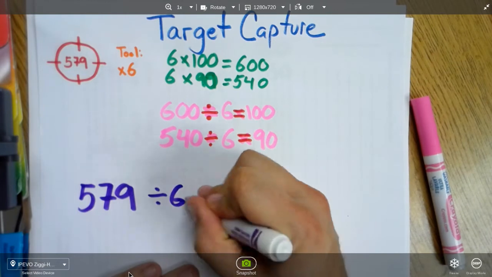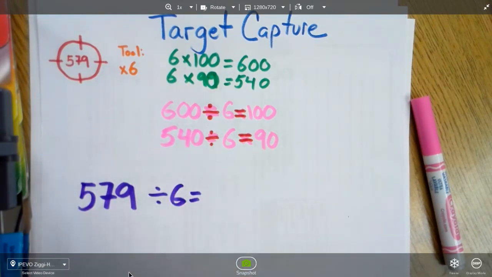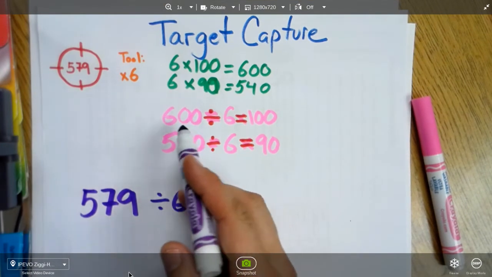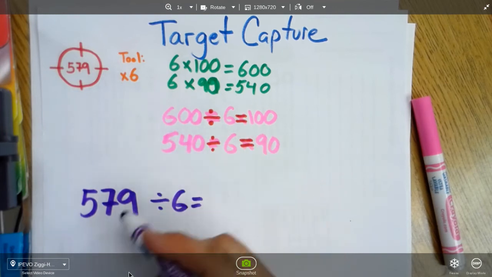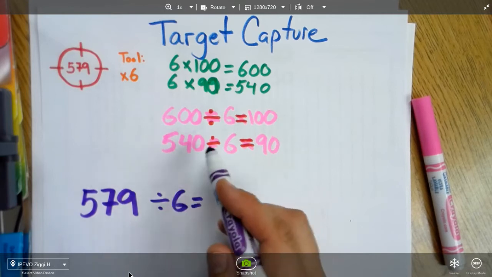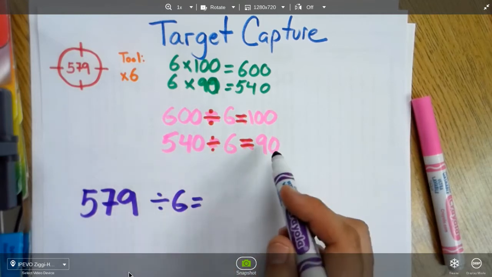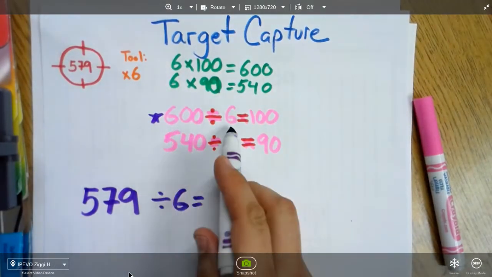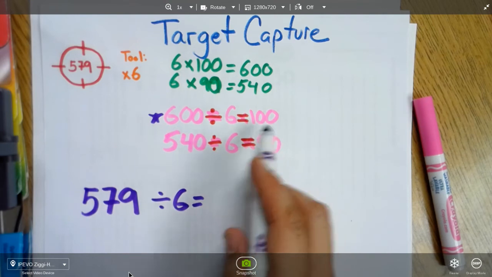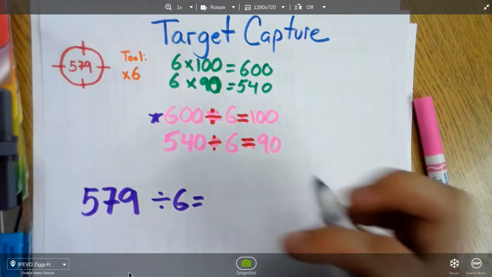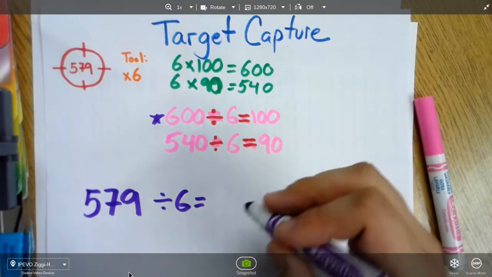And they said, what is an approximate answer? What's an estimate for 579 divided by 6? Well, I can say 600 divided by 6, which is pretty close, equals 100. 540, that's quite a bit away, is 540 divided by 6 equals 90. This seems like the closer answer. So if 600 divided by 6 equals 100, then I'm going to say 579 divided by 6 almost equals 100. The symbol for almost equals, I could write it this way.